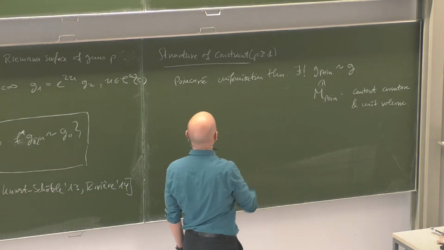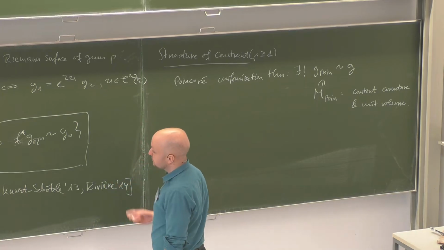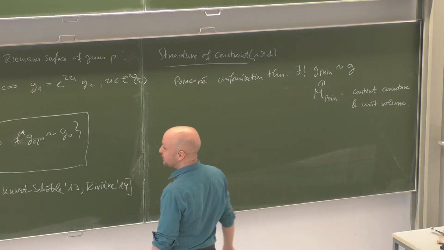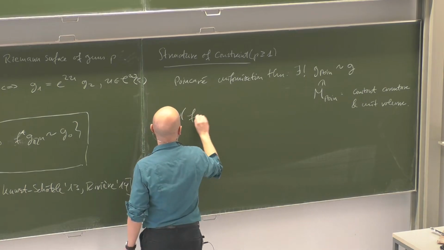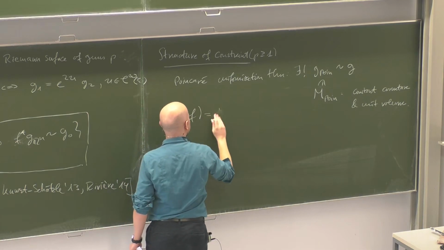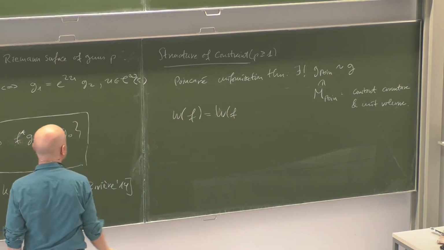This is a canonical representative in each conformal class, but there's another invariance we of course have to take into account. The Willmore energy will also not change, because all the objects are geometric.